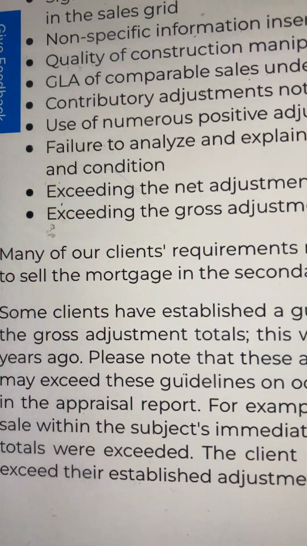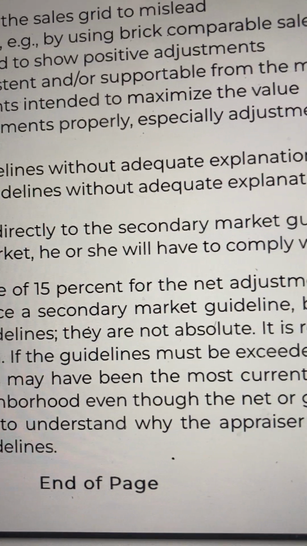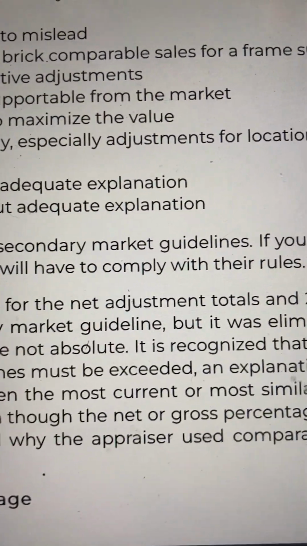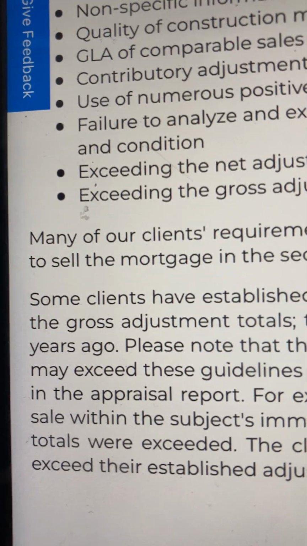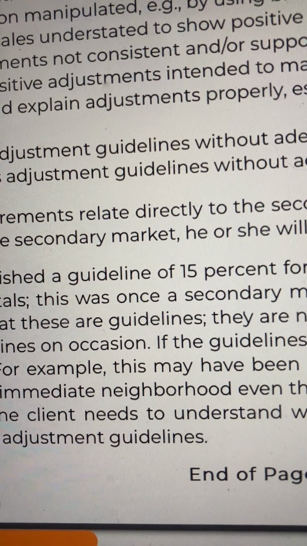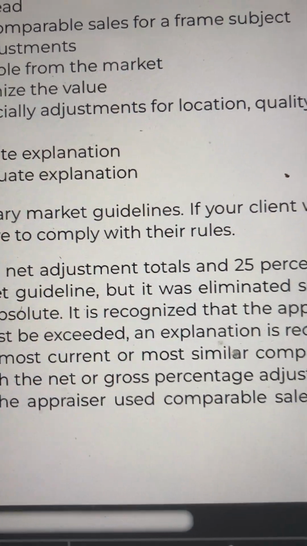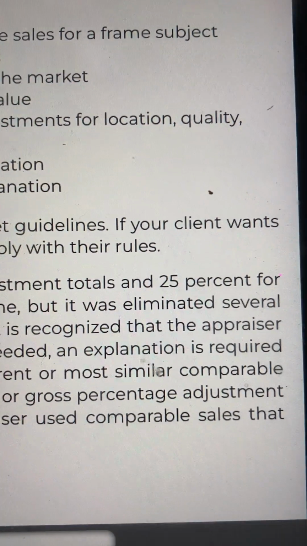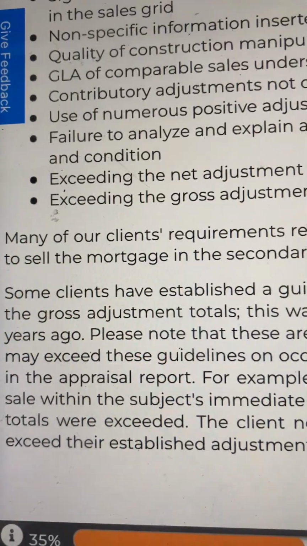their rules. Some clients have established a guideline of 15% for the net adjustment totals and 25% for the gross adjustment totals. This was once a secondary market guideline, but it was eliminated several years ago.